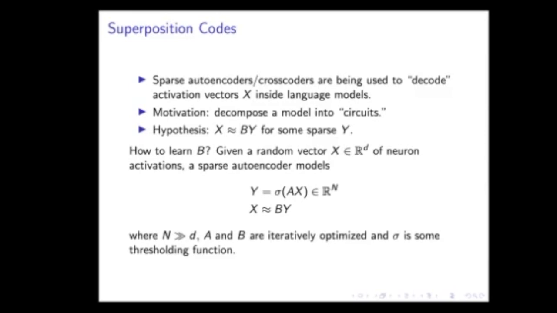They can be activation vectors from just one layer or drawn from multiple layers, all over the place. We want to decompose the model into circuits or understand what kind of computation it's doing somehow, all very vague. But certainly one thing we would like is to understand what these activation vectors mean in the first place. What's the data they're carrying?